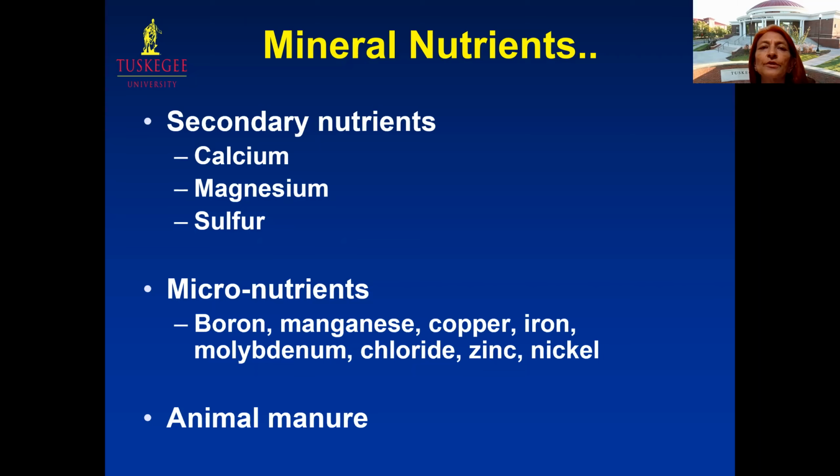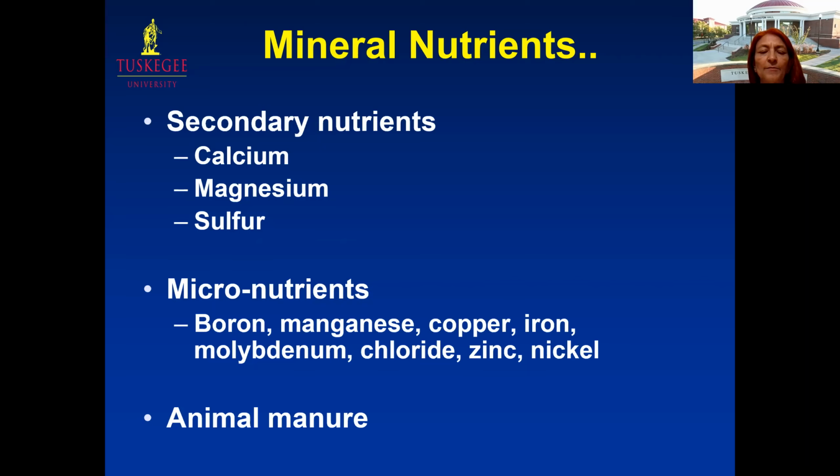However, if we apply all the recommended macronutrients based on the soil test and forages are still not doing well, then we may want to test whether any of the other nutrients are deficient.